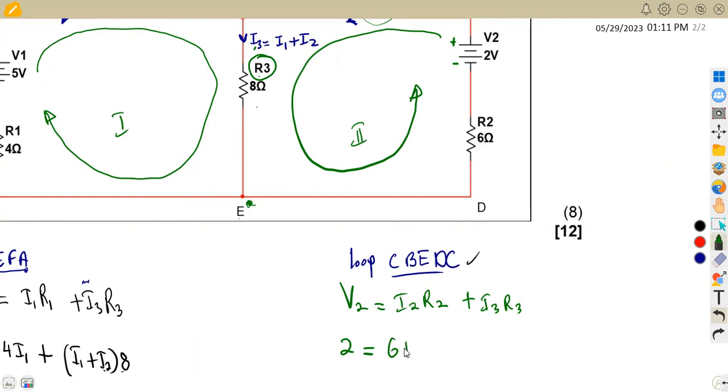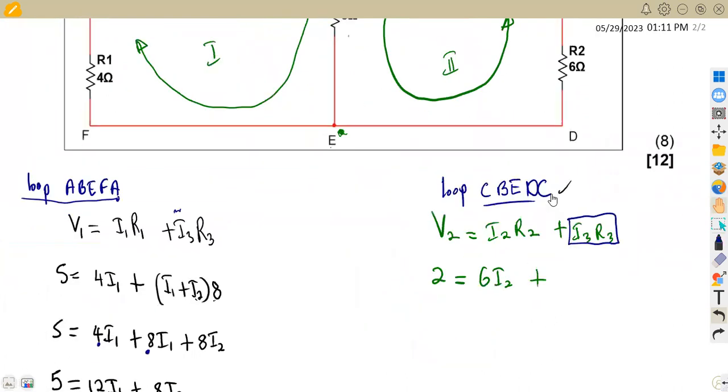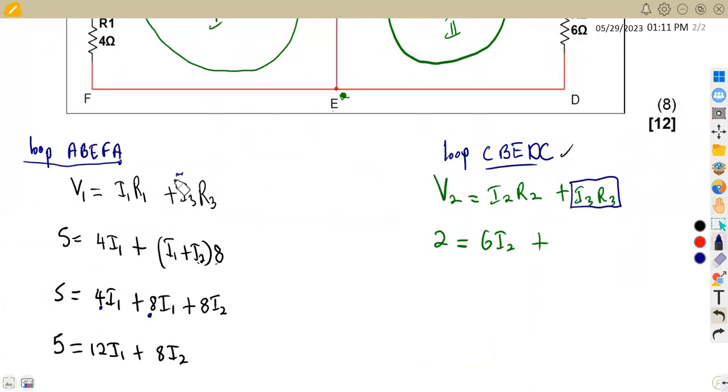So this one is going to give us 6 I2 plus, remember, this part of I3, R3, this part is the same as this part that we had before. So we simplified this part, and I'm not going to repeat it. I'm just going to take it as it is.